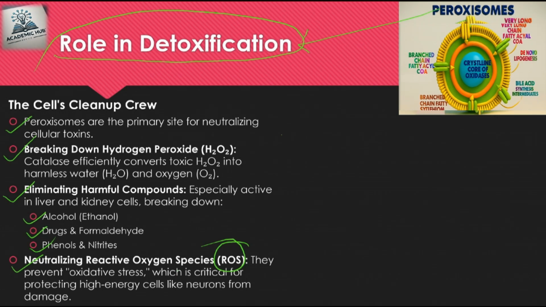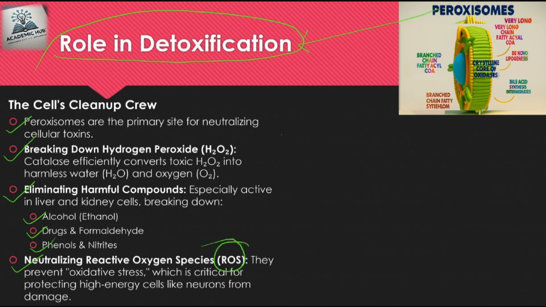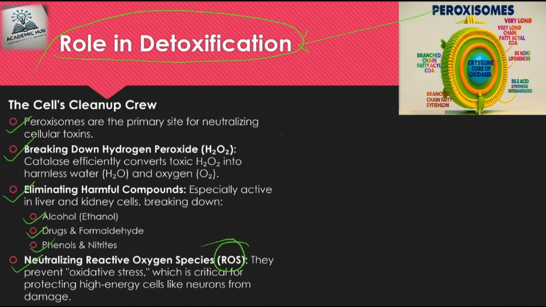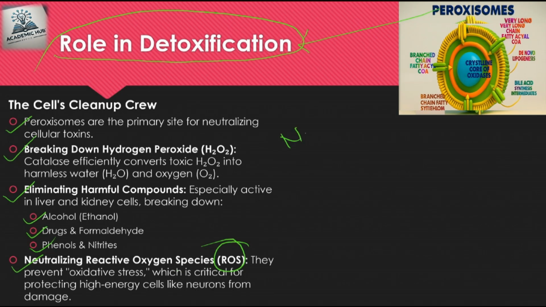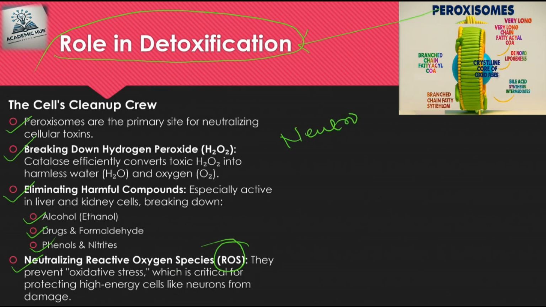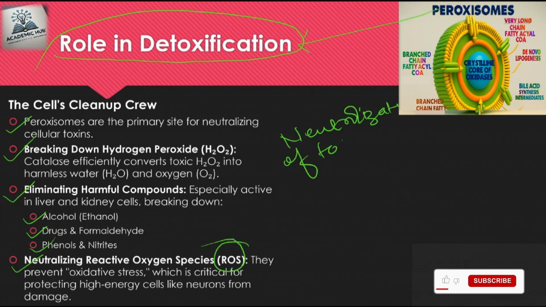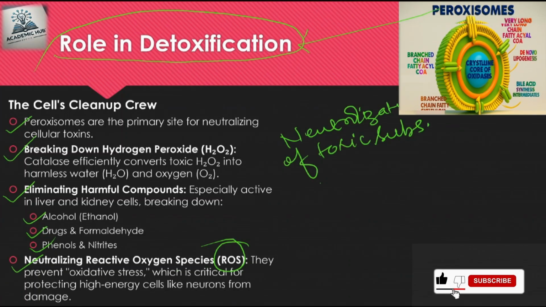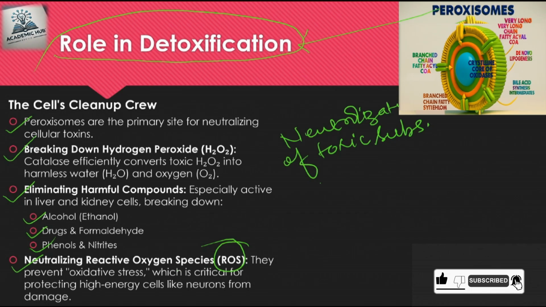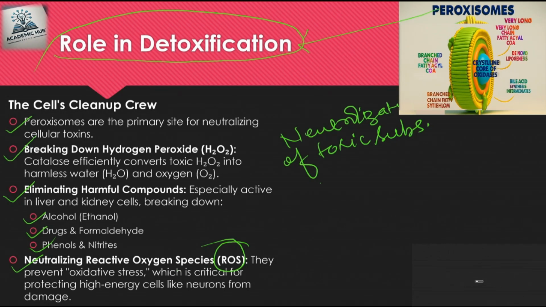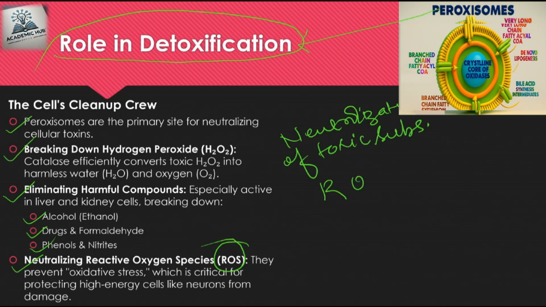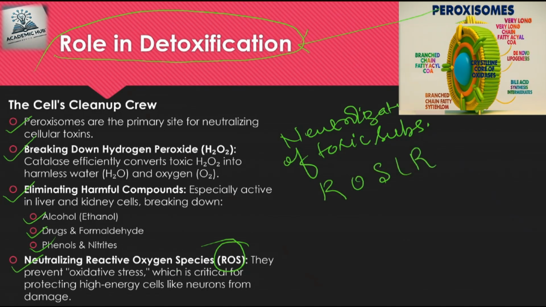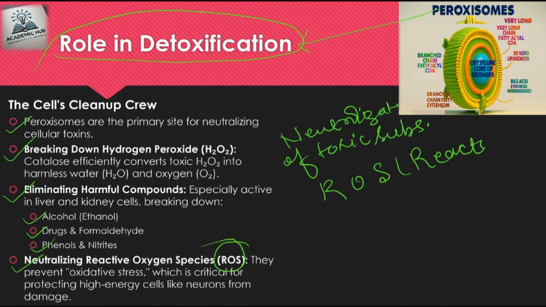First, a key and primary function of peroxisomes is the neutralization of toxic substances that compromise cellular integrity. Metabolic processes continuously generate ROS, reactive oxygen species. This is very important to know.